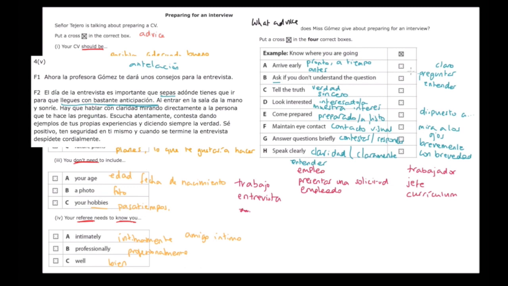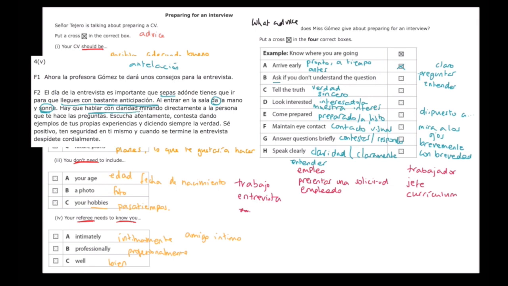So we've got that our answer, one of our answers is arrive early. Al entrar en la sala, as you go into the room, da la mano, shake your hand or offer your hand, y sonríe, smile. Notice that this da and this sonríe are in the imperative, that she's giving you an order, she's telling you what you need to do. Okay? Hay que hablar con claridad, okay?